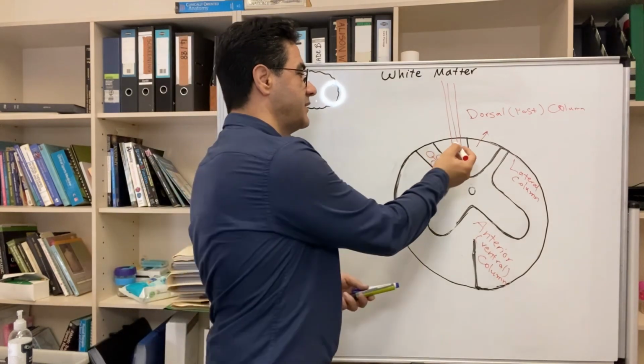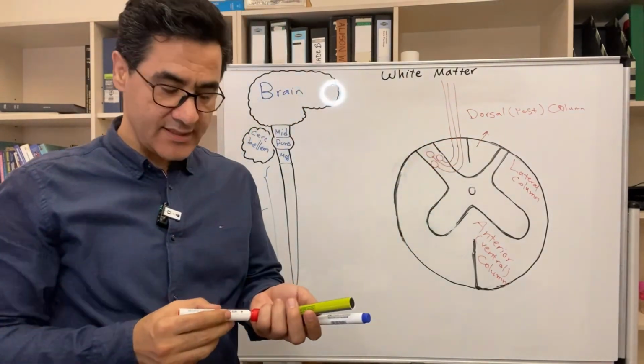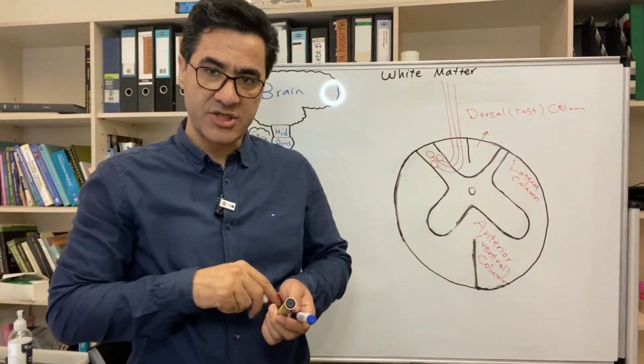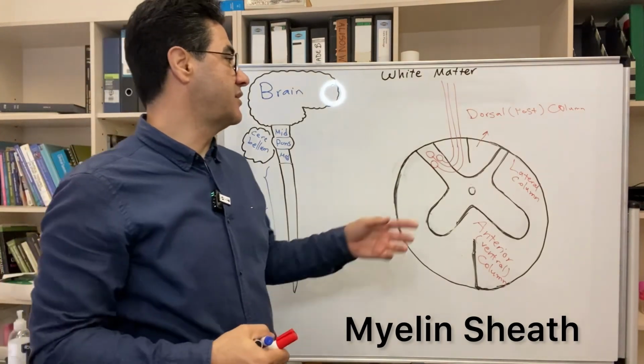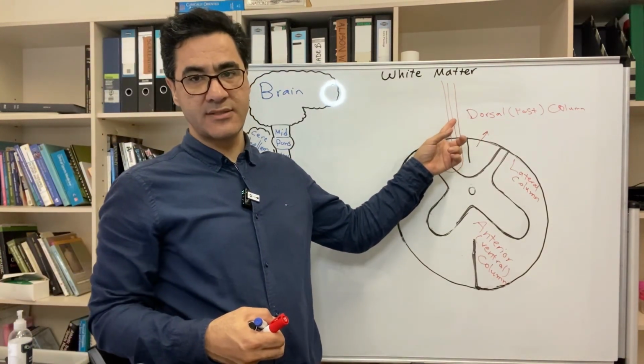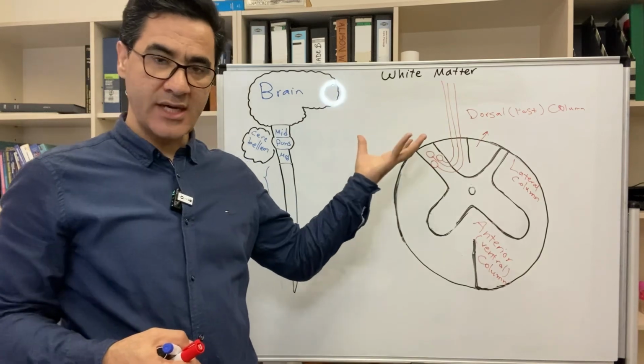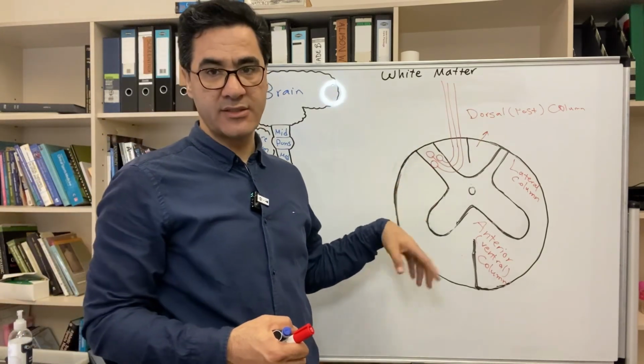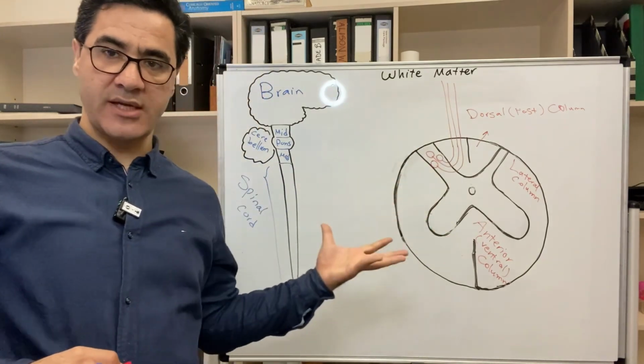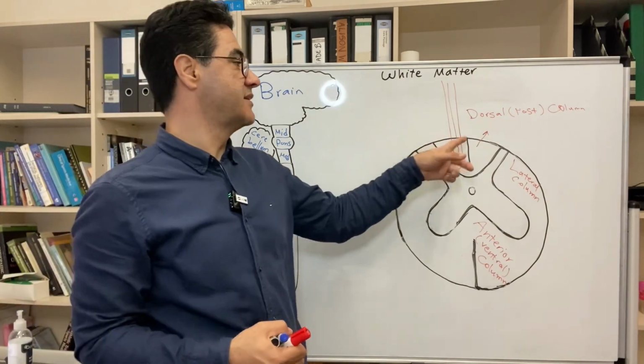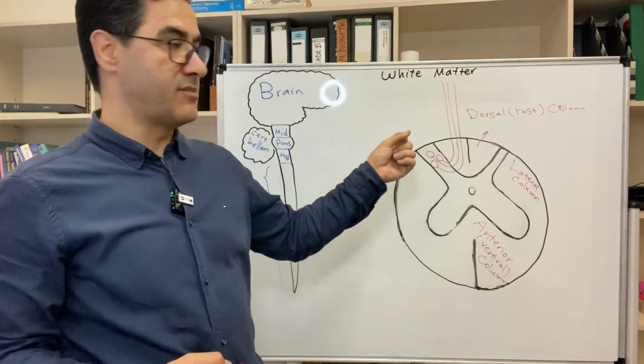These axons are insulated with myelin sheath. That's why they're called myelinated axons. The myelin is white, so that's why the white matter appears white under the microscope, because it's insulated with myelin.